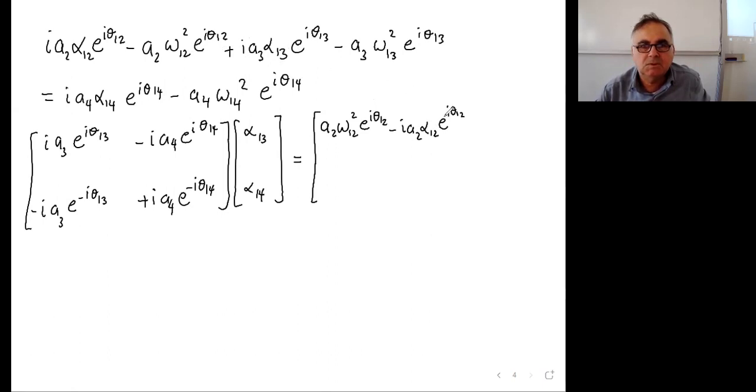This goes to this side, this goes to that side, so this plus A3 omega 1,2 squared. And one more term, minus A4 omega 1,4 squared e to the I theta 1,4.